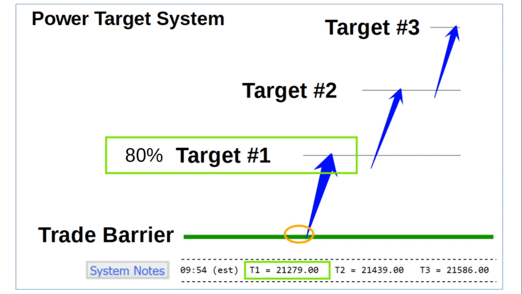But under normal circumstances, like back when the market was kind of dull, 7.5 points would have been a pretty significant move. But anyway, with ranges from say 7 or 8 points out to like 30 something points for Target One, it only makes sense that you're trading the micro contracts.